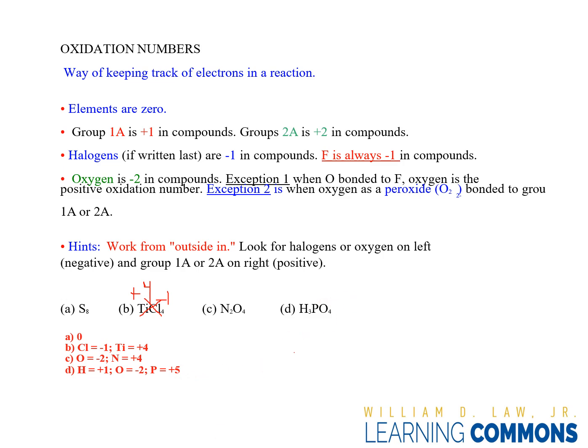Just make this one so the overall charge is equal to 0: hydrogen positive 1 multiplied by 3, plus phosphorus, I don't know how much the phosphorus is, plus the oxygen.